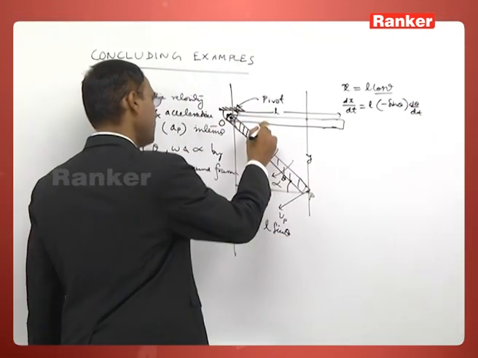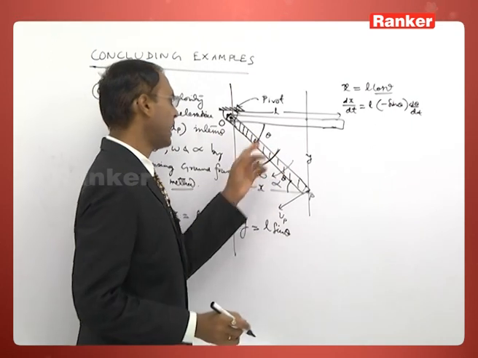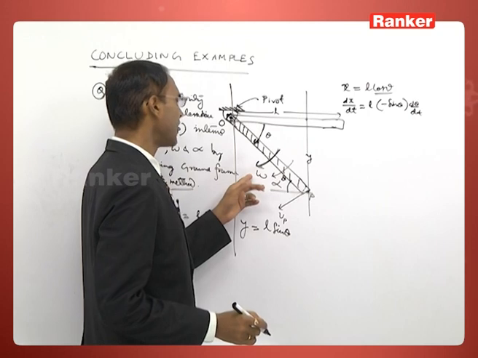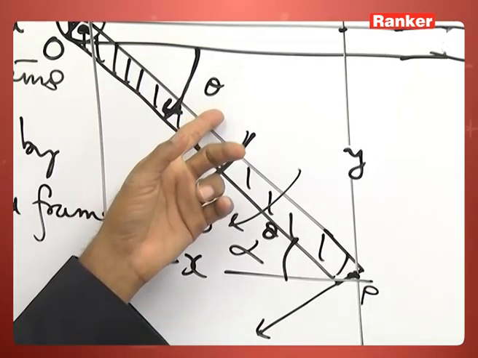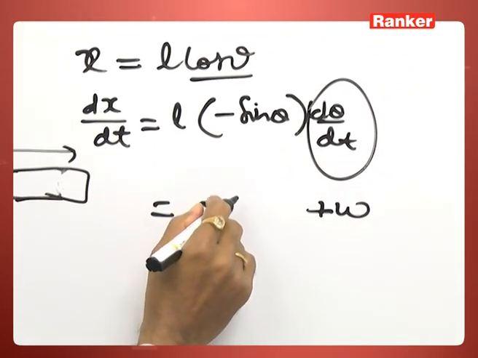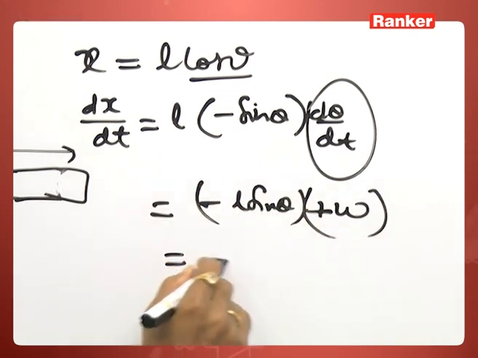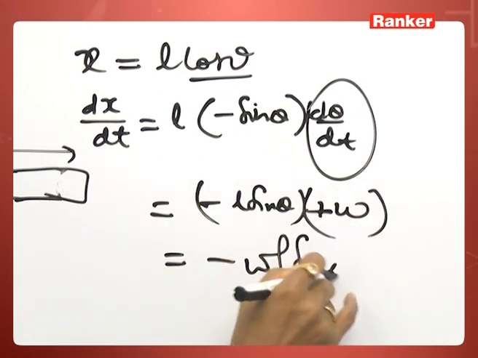We have taken theta and omega in the same order. Omega is taken in the increasing order of theta. Therefore, d theta by dt can be written as plus omega, so minus L sin theta into plus omega is equal to minus omega L sin theta.